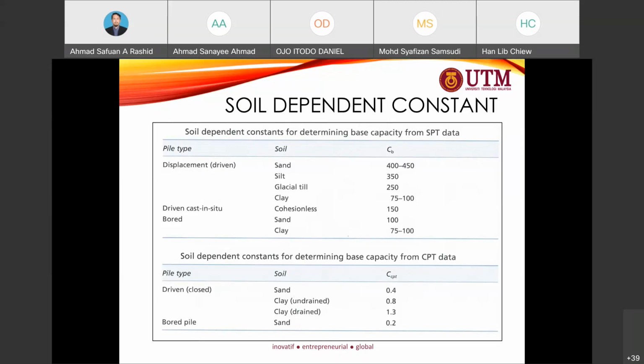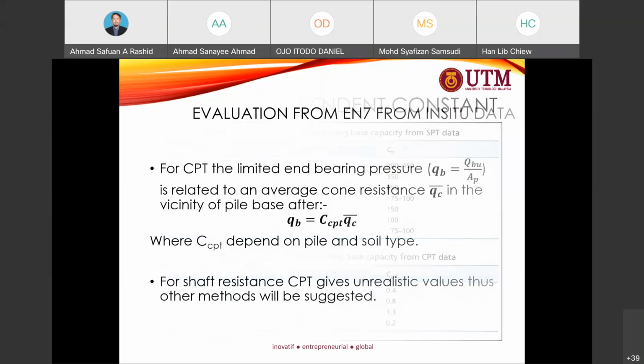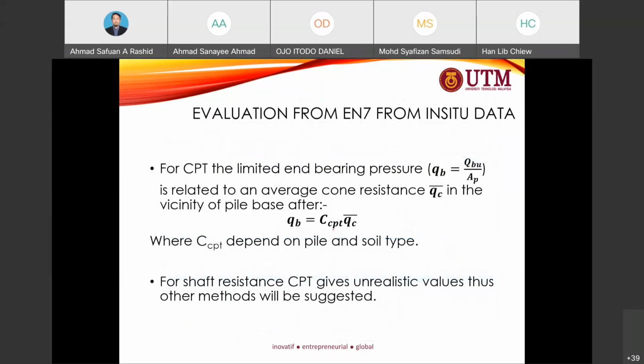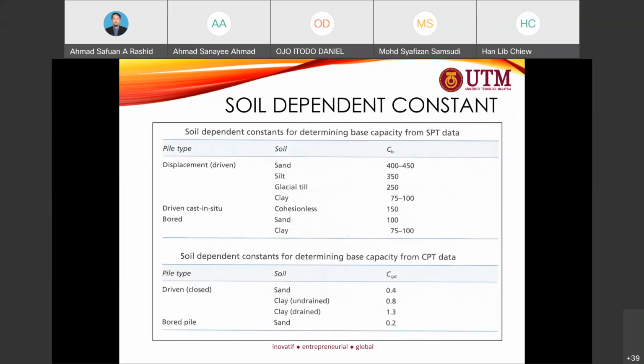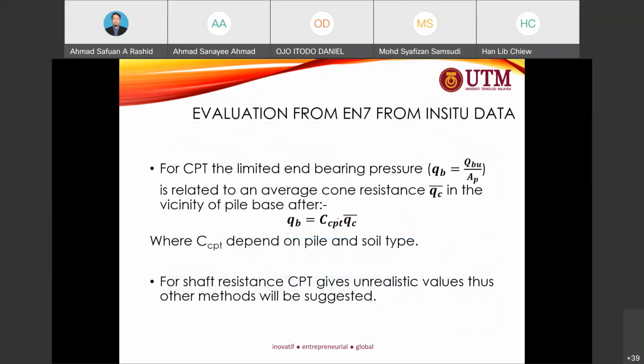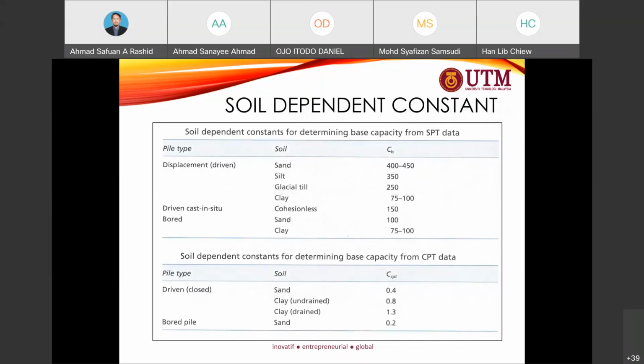So CB, this is the CPT. CB, this is based on the CPT. So this is from the CPT, while this is from the SPT.